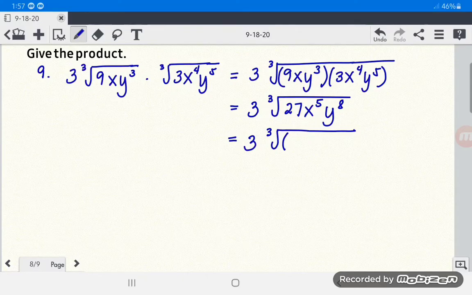So we have factors of 27 wherein one of its factors is a perfect cube, but then 27 is a perfect cube. So you have to write it here. Then for the x variable, we have to think of a number less than 5 which is divisible by 3.